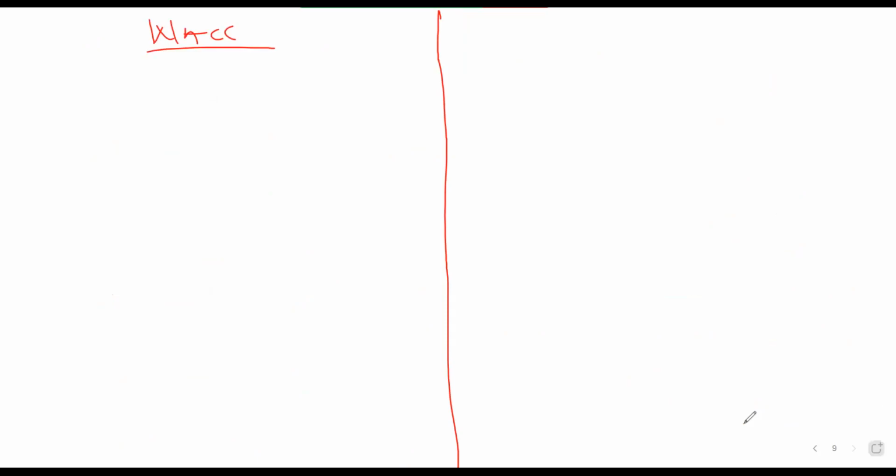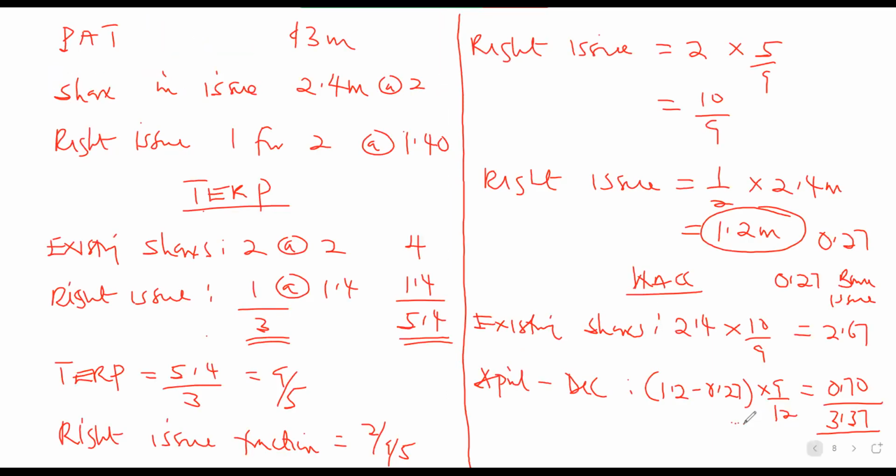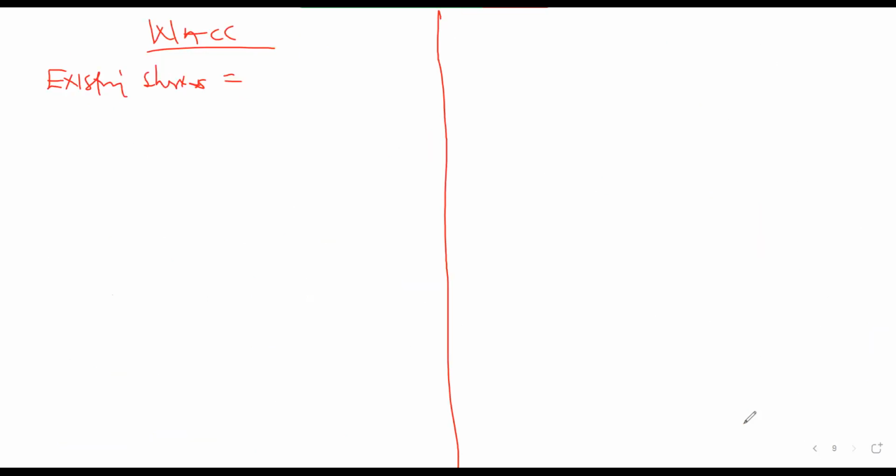Okay. So our work will be calculated like this. So we count to the existing shares. So the existing shares, what will happen is that we calculate the existing shares, but we time apportion it because the existing shares was there from January to March, and April there was what new shares. So what we do is that the existing shares will be 2.4 times the 10/9 times 3/12.